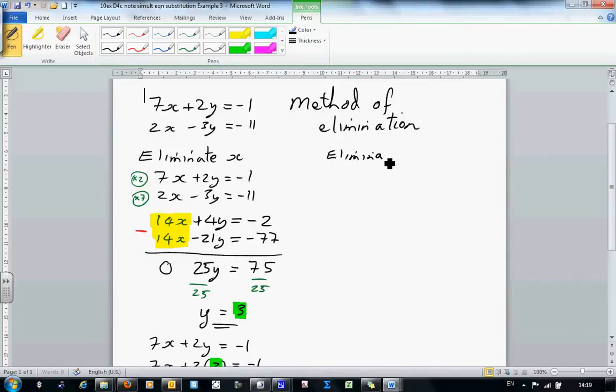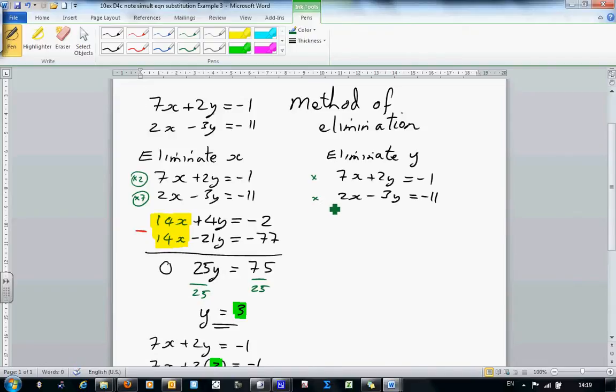And this time then we're going to look at the y values. What numbers would I multiply the top by and the bottom by, so the y coefficients are both the same? Good. You can multiply that by 3 and that by 2.